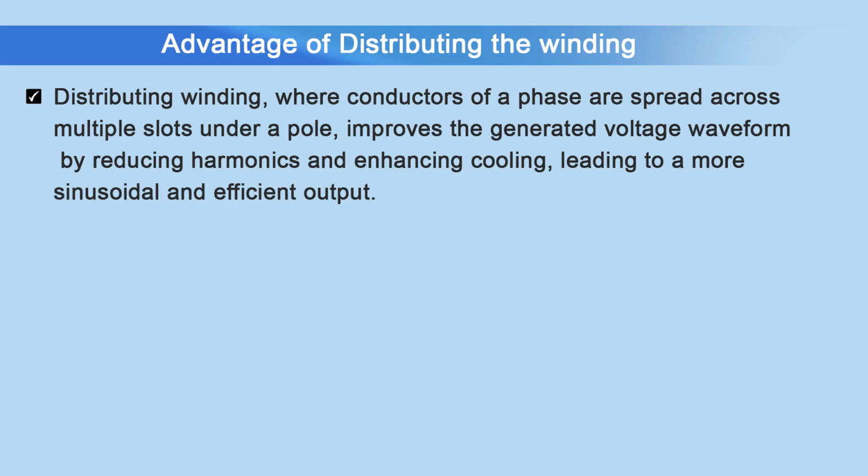And there are certain advantages of this. The output wave is free from harmonics. So, reduction in harmonics is one of the advantages of this distribution of the winding. The second advantage is full utilization of the iron part and the copper.